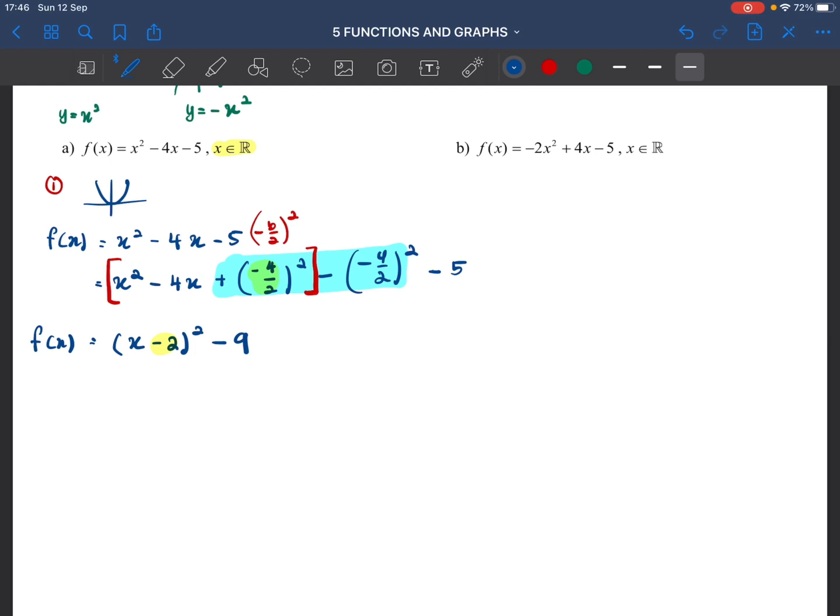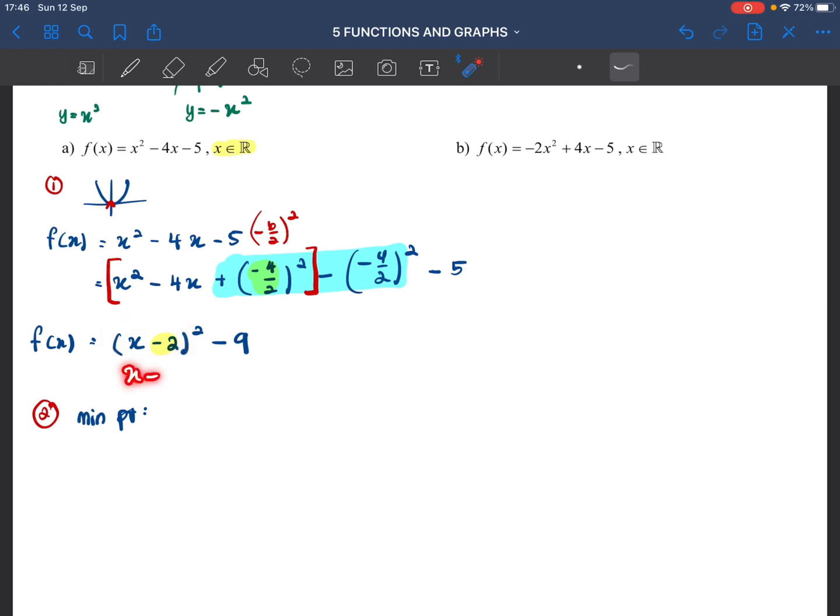Okay, we know the shape of our graph, we have the completing the square, so we need to find our minimum point since this is a smiling face graph. Okay, the positive graph, so this is a minimum point. So the minimum point here should be (h, k). So ini ialah x minus h.